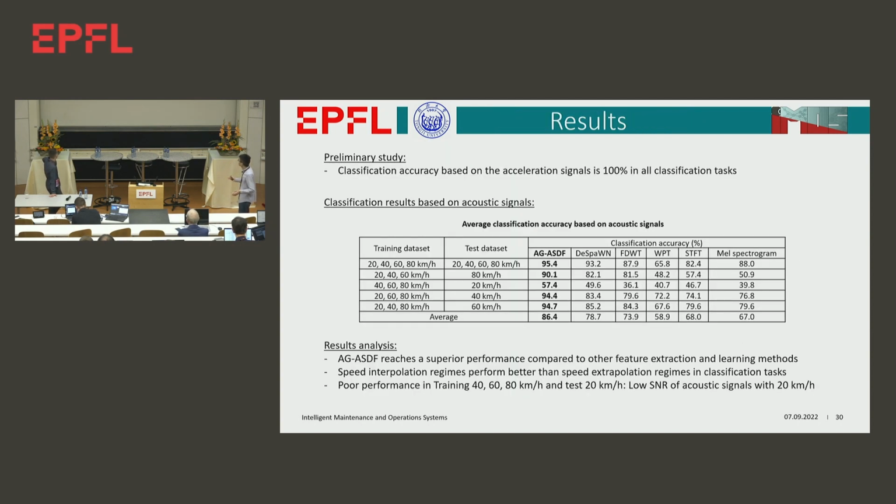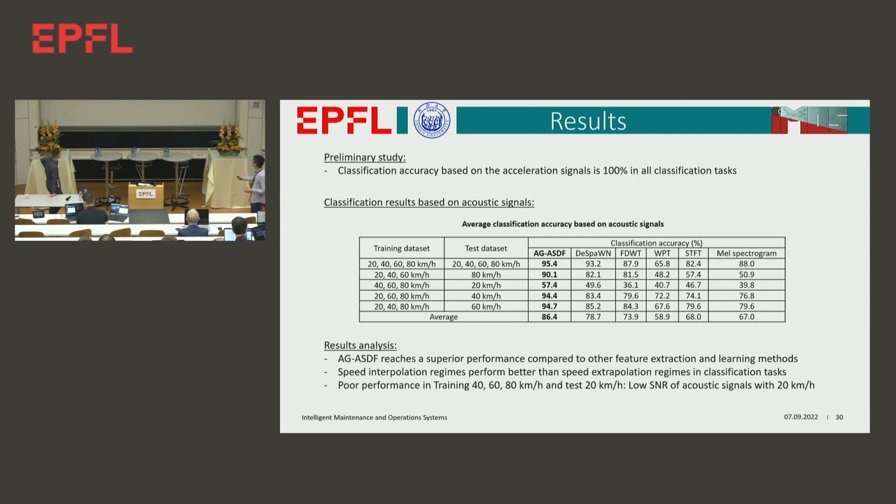And then let's have a look at the results. As a preliminary study, the classification performance of using acceleration signals is evaluated, and the classification accuracy based on acceleration signals is 100% in all classification tasks. The classification tasks are shown in this table.